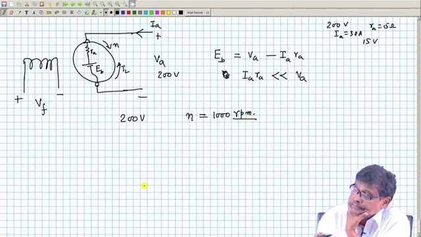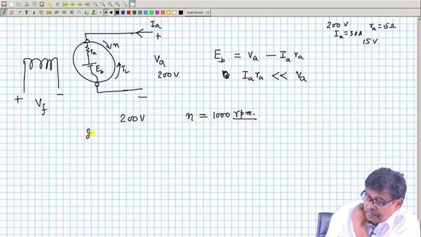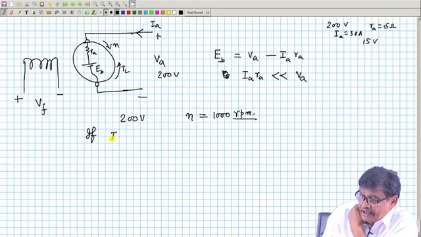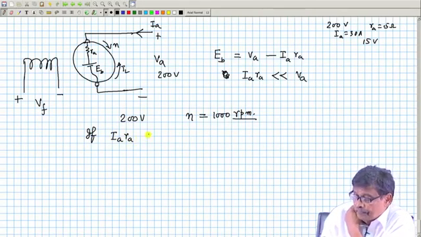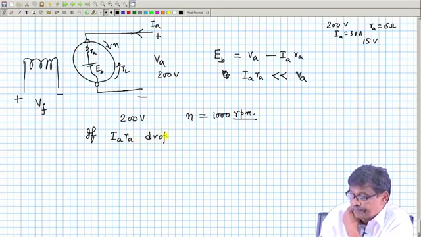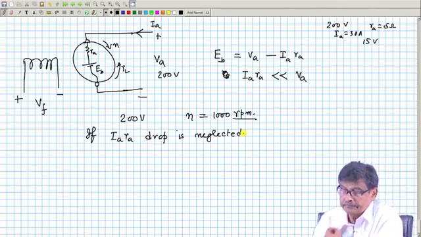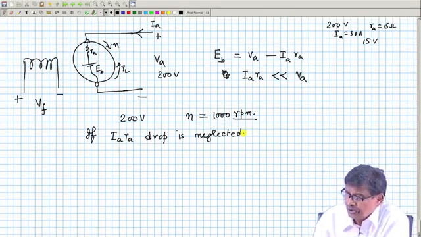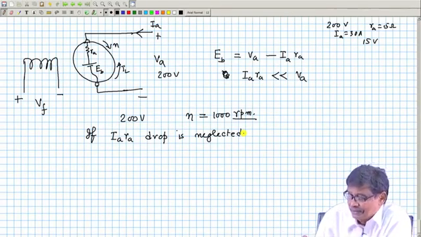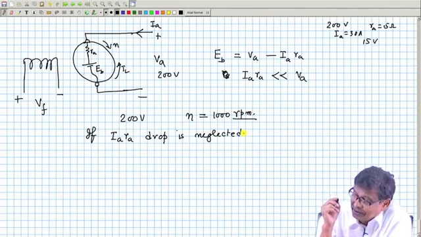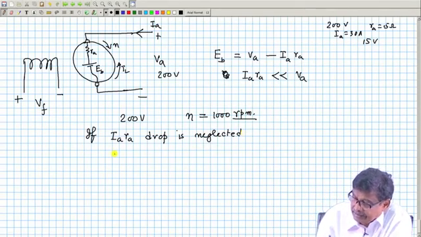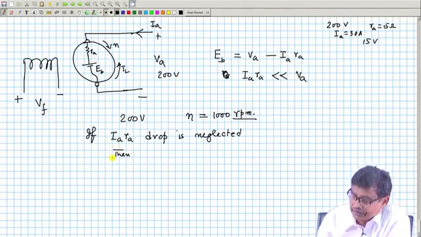What I am telling, if IARA drop is neglected, so that quickly I get the results, then you get several interesting simplification.